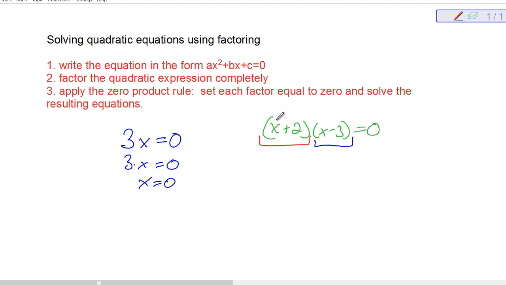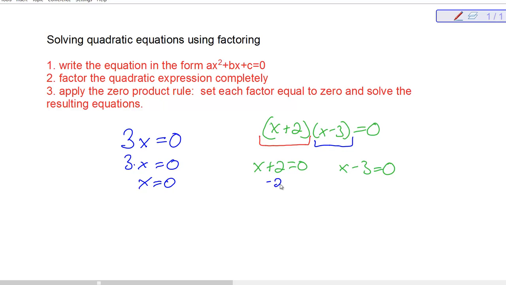So when we apply the zero product rule, we're going to set each factor equal to 0, and we're going to solve the resulting equations. And when we do so, we're going to get two numbers that will make this equation true.